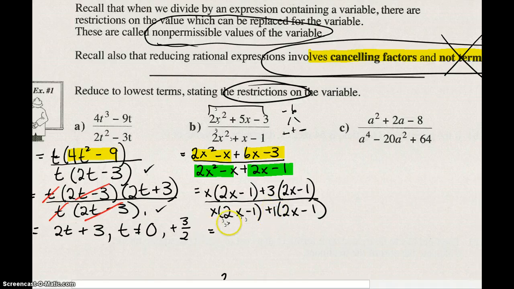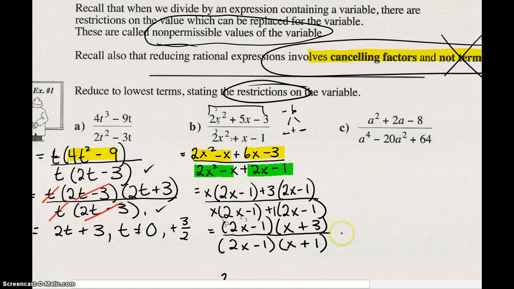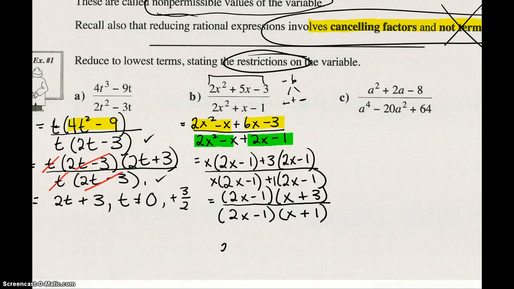So what do I have? I am going to now collect all of my common factors, and I get x plus 3 on the top. On the bottom I have 2x minus 1 and an x plus 1. So I had to do an awful lot of work just to get to my factors.